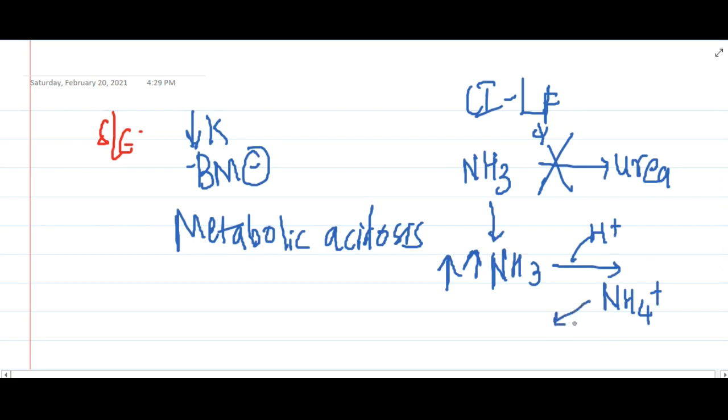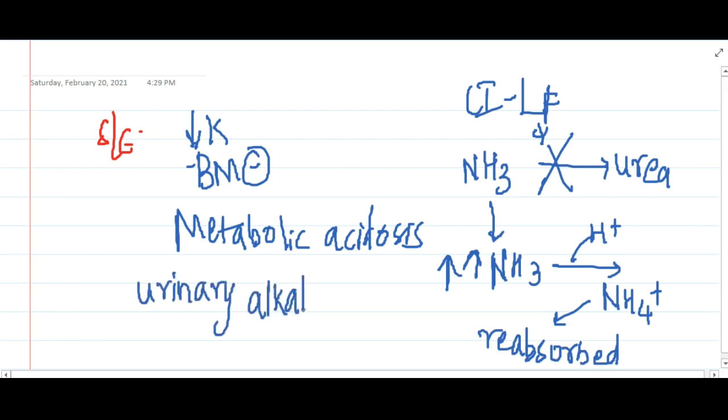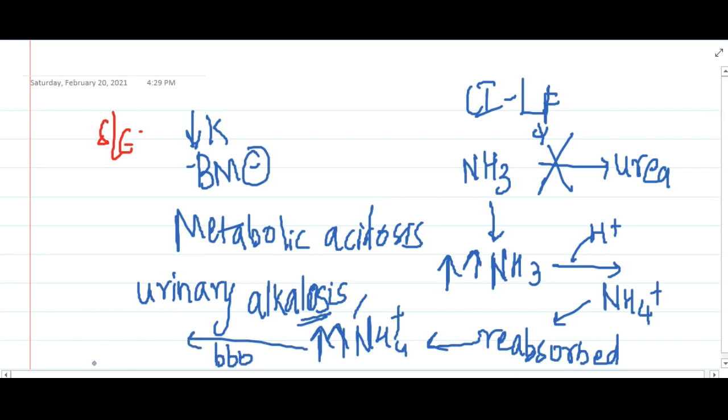Because of urinary alkalosis due to carbonic anhydrase inhibitors, this ammonium gets reabsorbed from the tubule, thus increasing ammonium even more in the blood, thus worsening the condition. This ammonium ion can cross the blood-brain barrier and reach the brain, and they form hepatic encephalopathy, which is a fatal condition.